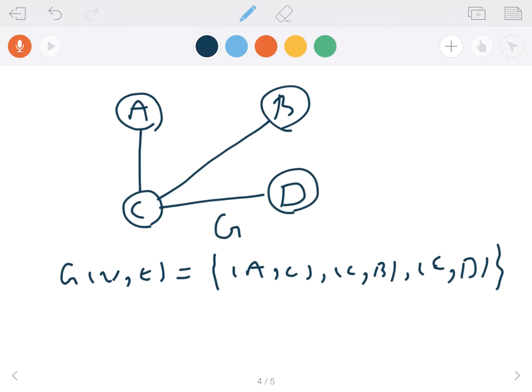Also, we have the adjacency list. That is, for every vertex that we have, we are listing all the adjacent vertices.